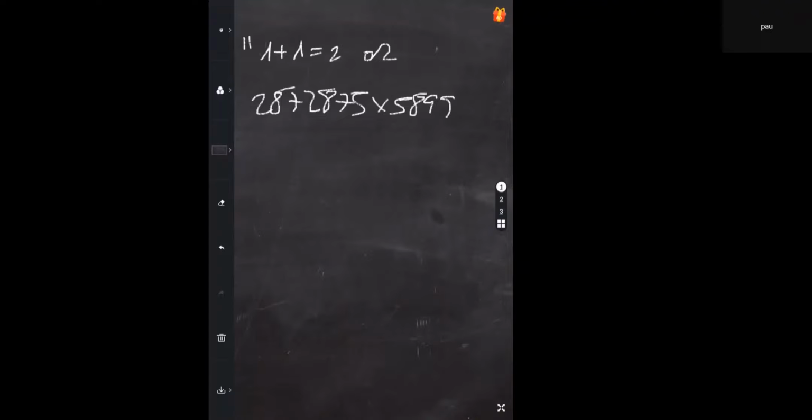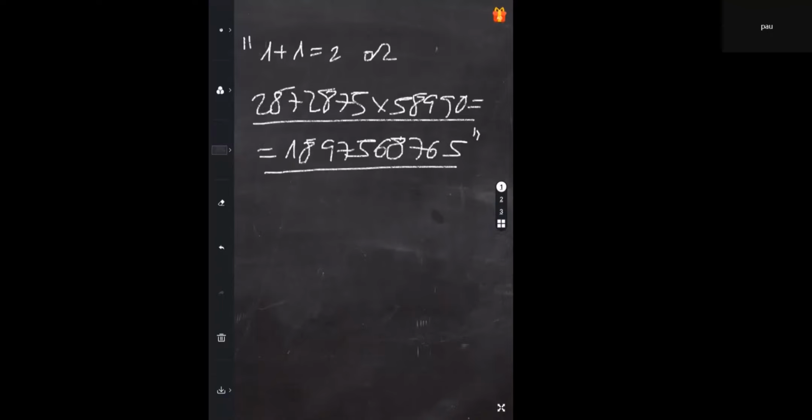So for instance, the statement 1 plus 1 equals 2 or some times something equals something, we know that this statement is true without having to check this extremely boring multiplication.